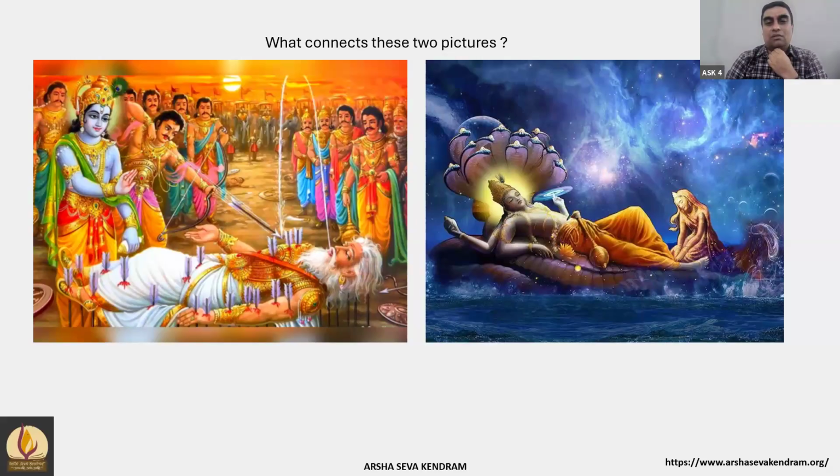I think the first one should be easy. Bhishma Ekadasi, maybe. Something to do with Bhishma. So there's a specific event that is represented in this picture. The water, the primordial water that is going into Bhishma.